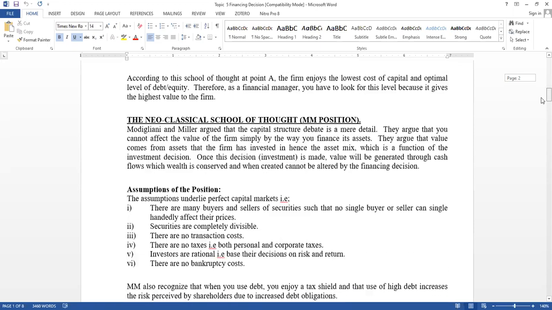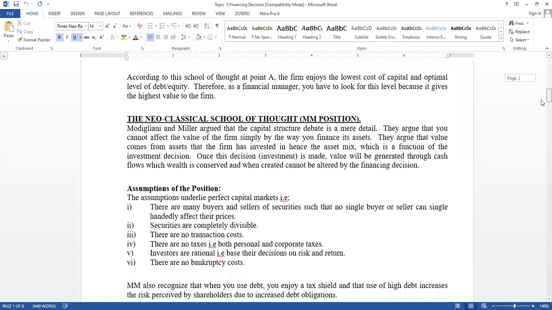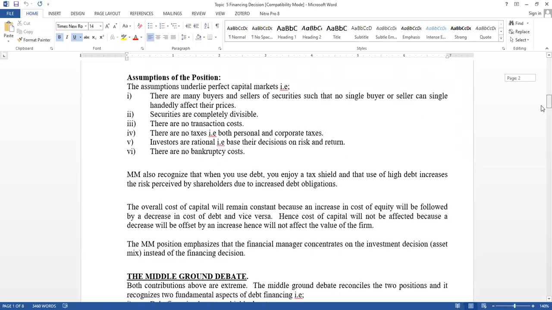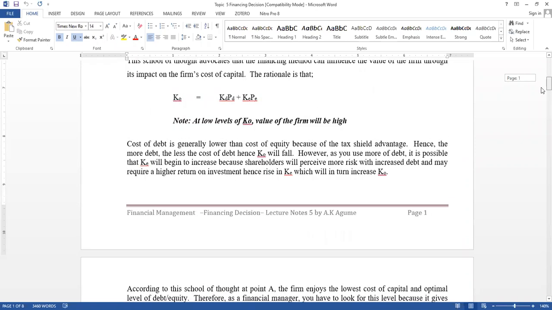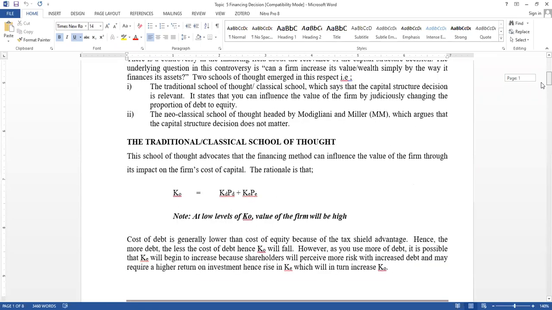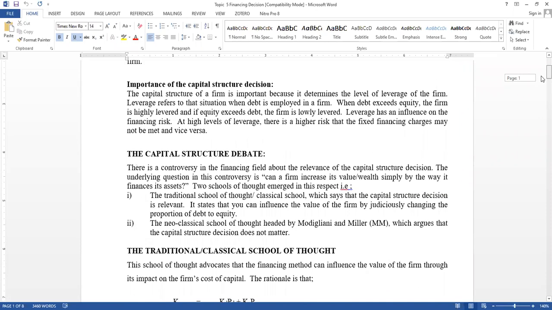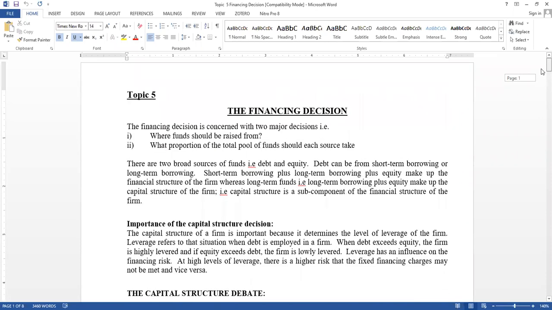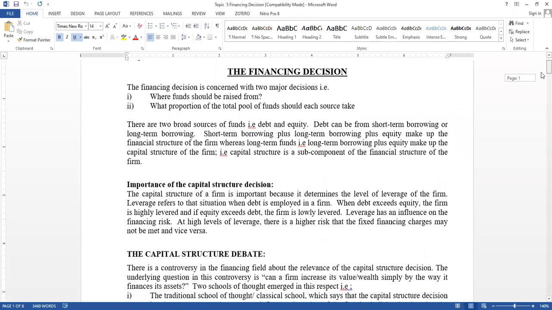These are basically theory. So I expect that you have gone through it and then maybe we discuss some issues that may not be clear. Because you see now, we have up to the end of this month. Today is the 18th. So please take some time, go through the financing decision.